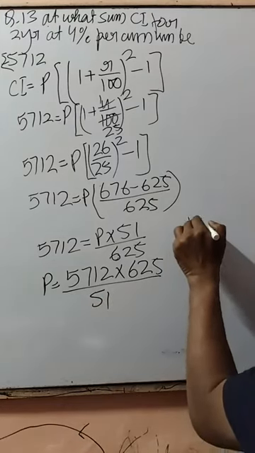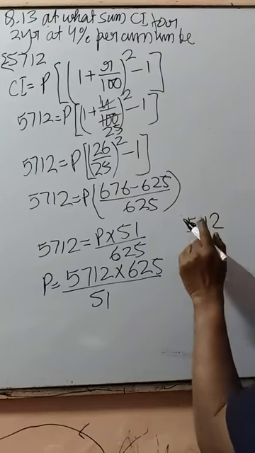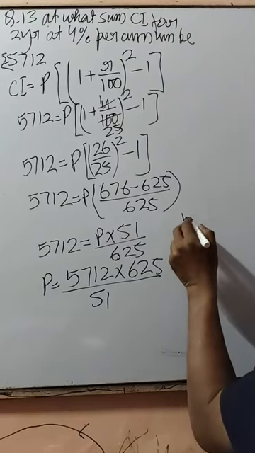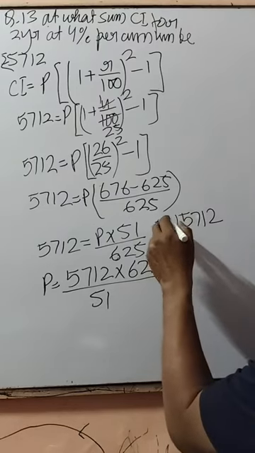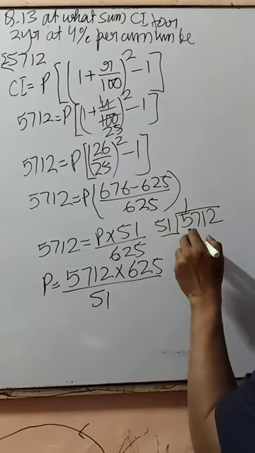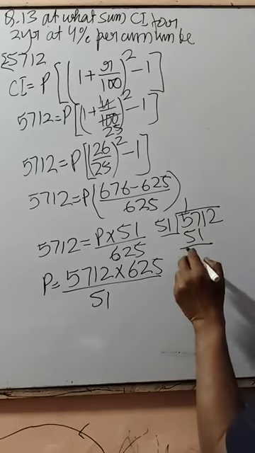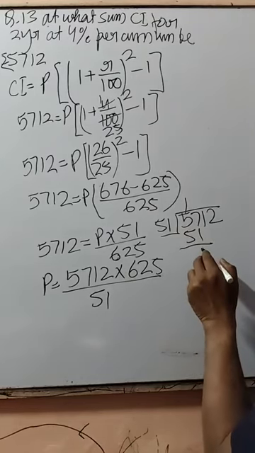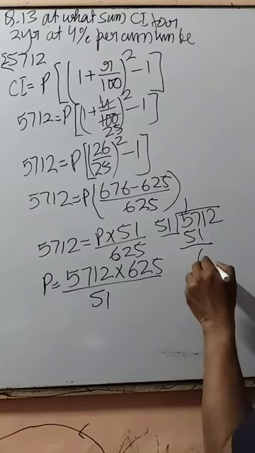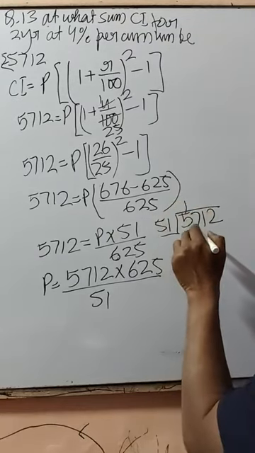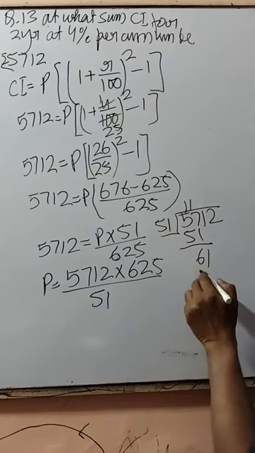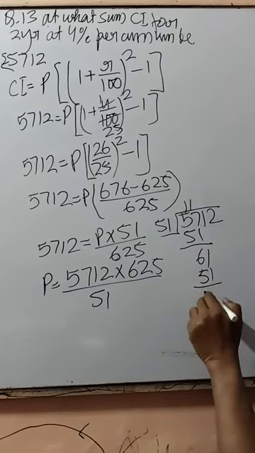Now 5712 upon 51, it is 6 and 1, and again 1, 51, 102, it takes 2.